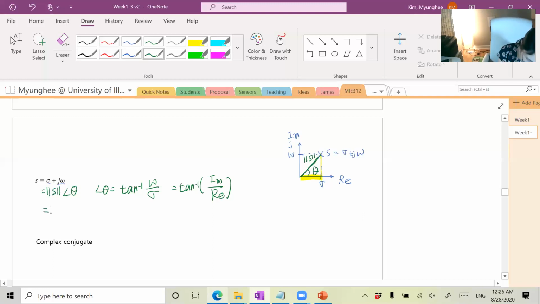And this can also be expressed as e to the j theta.